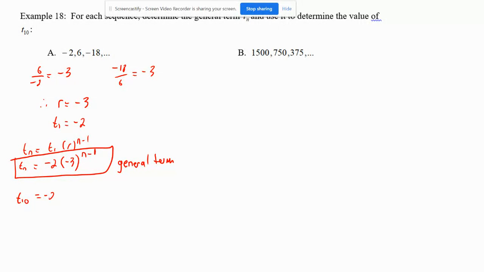T10 is going to be -2 times -3 to the 10 minus 1. I'm going to fire this straight into my calculator. And actually, guys, I'll show you how I'm doing this on my calculator as well.